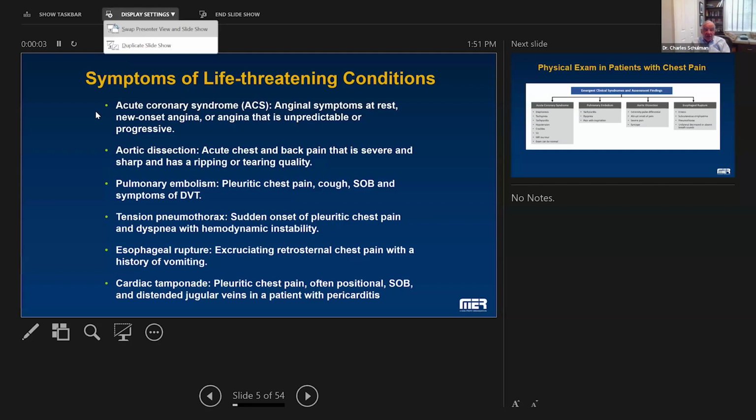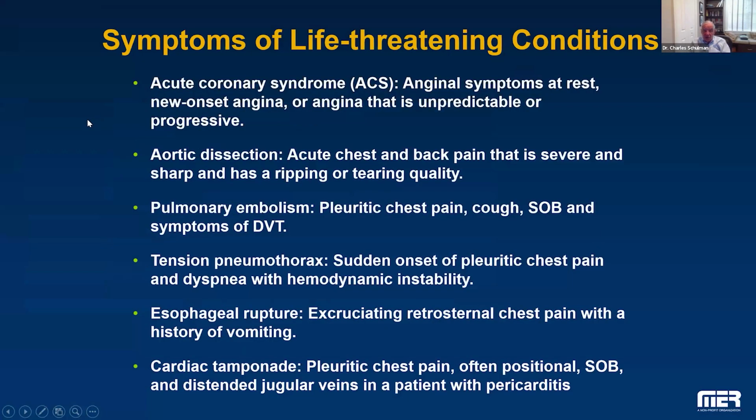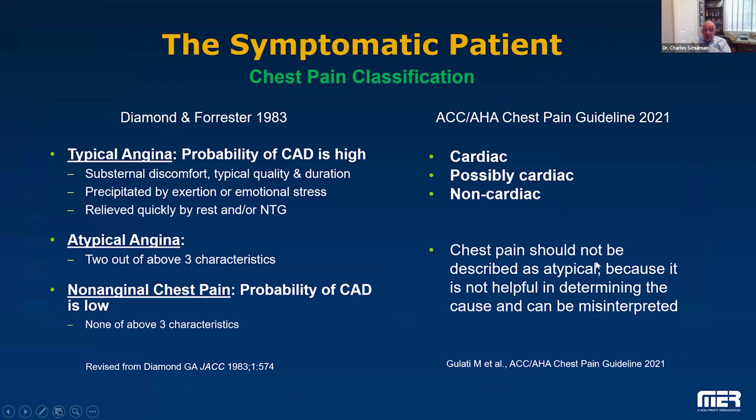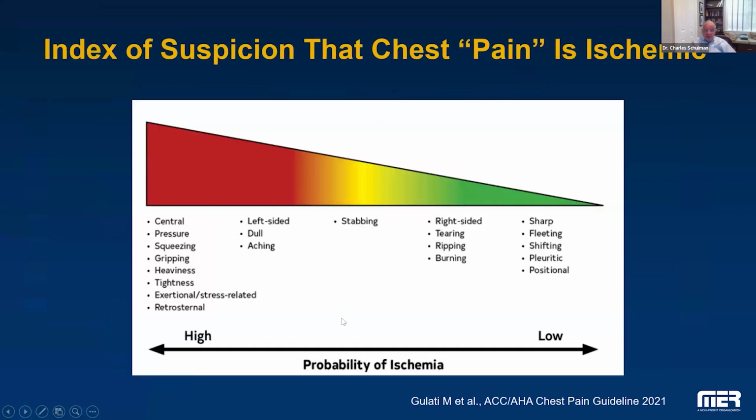So one of the things you have to do when a patient presents with chest pain is make sure they don't have something that's life-threatening. And then this is what I wanted to show you. An index of suspicion that the chest pain or symptom is indeed ischemic.